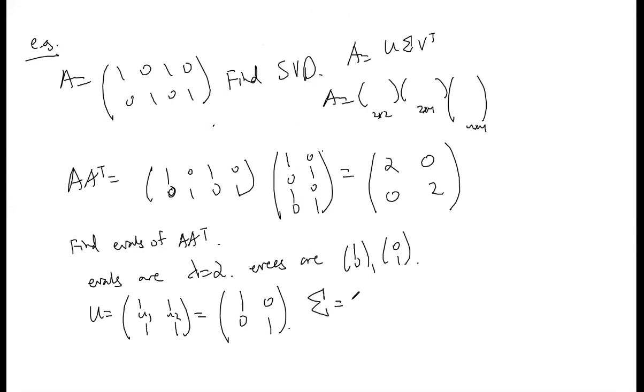Sigma is going to be a 2x4 matrix, and the diagonal elements are going to be the square roots of these. Okay, and then now we need to find V. So finding eigenvalues of this, so diagonalizing this, and really we didn't diagonalize.